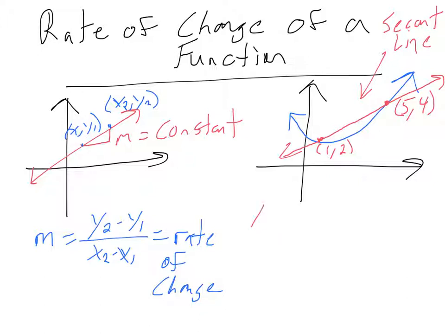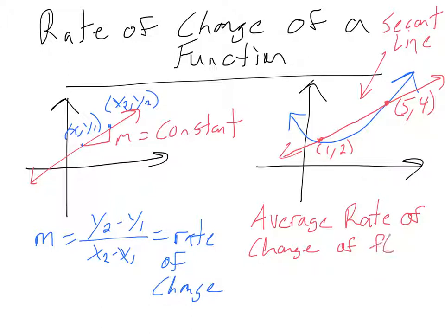So the average rate of change of some function f of x on the interval a to b is just going to be equal to the slope, which is going to be f of b minus f of a over b minus a, right?